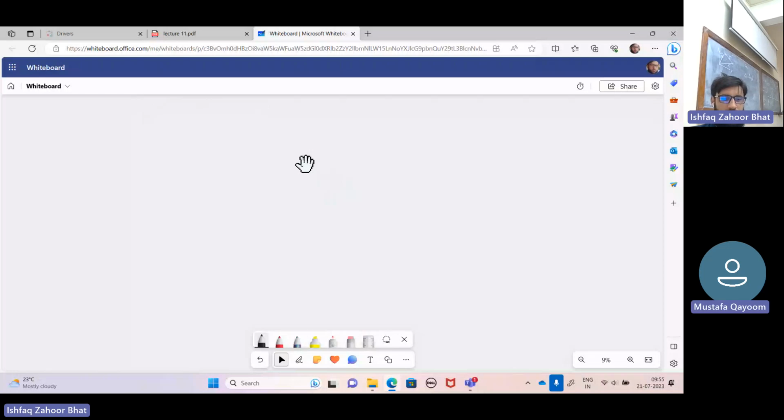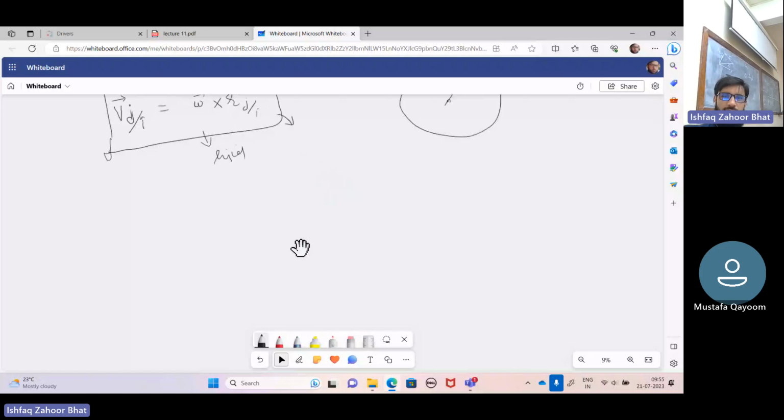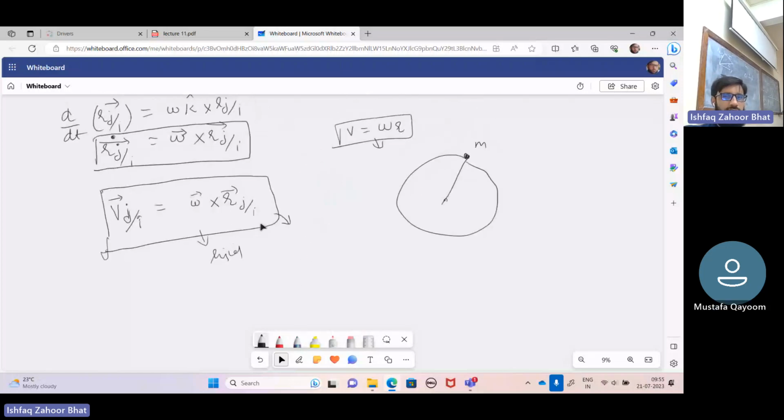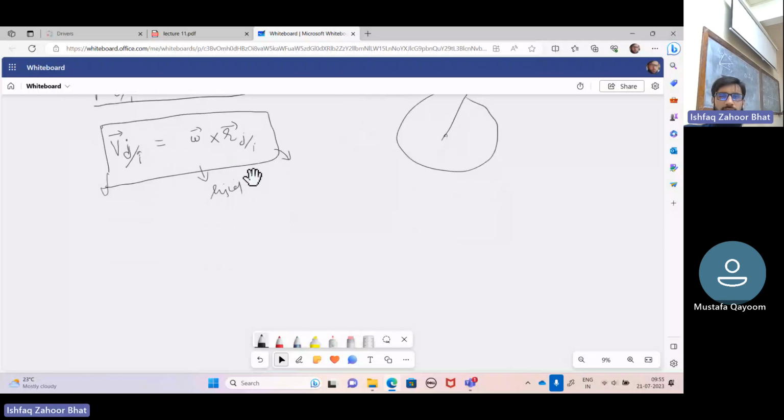I am emphasizing that omega is something associated with the rigid body, the extended body. There is no rotation associated with the point mass or the point. You cannot define any rotation with a point. So bear this in mind.